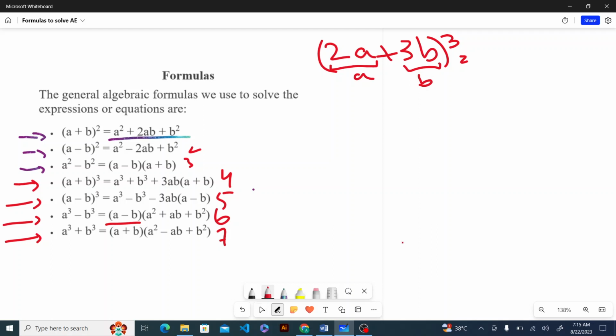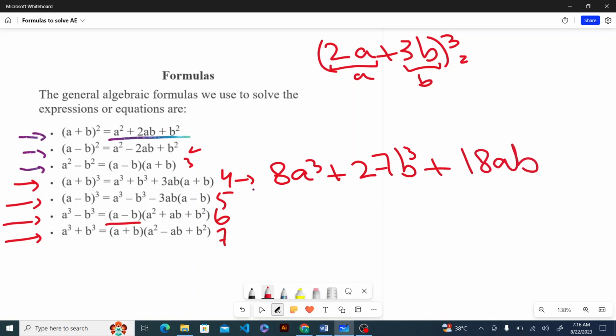And let us open this formula for this one. For 2a plus 3b whole cube, we are going to open this formula. So here, a cube: 2 cubed is 8, 8a cube, plus 3 cubed is 27, 27b cube, then 3ab: 3 times 2 is 6, 6 times 3 is 18, 18ab, then a plus b, 2a plus 3b, okay.